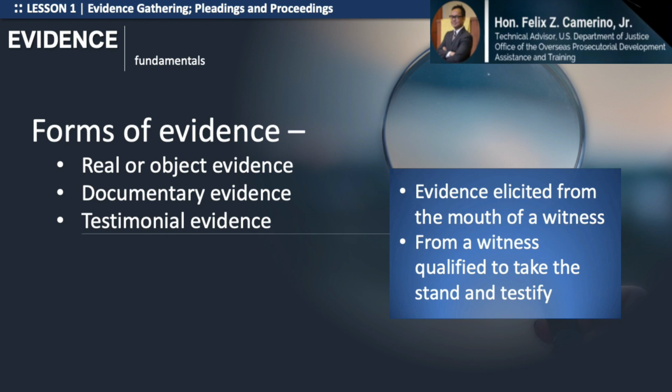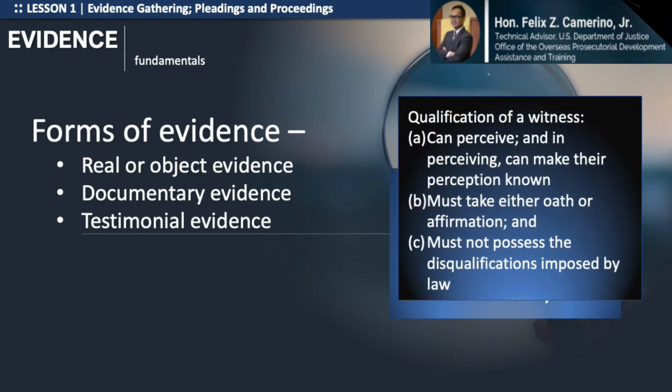And to qualify, it's really not that complicated. It really only requires that the witness is able to perceive, and that in perceiving, he or she can make his perception known. It's that simple. He need only be able to perceive, and in perceiving, he can make his perception known.